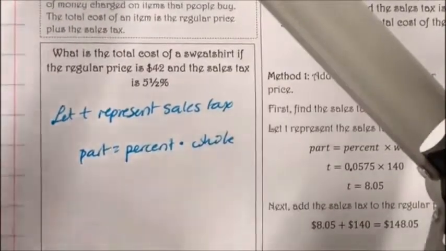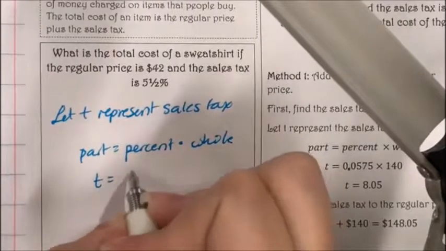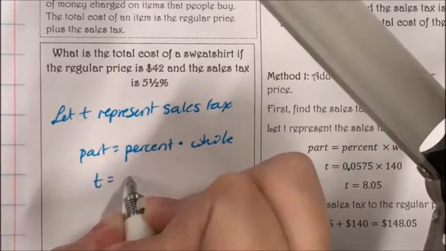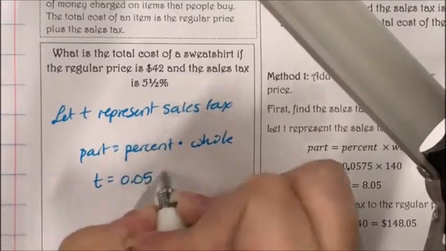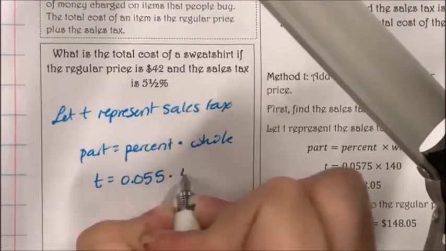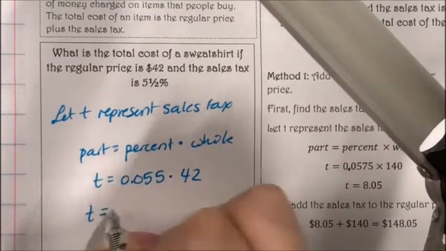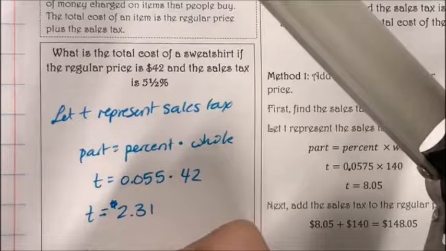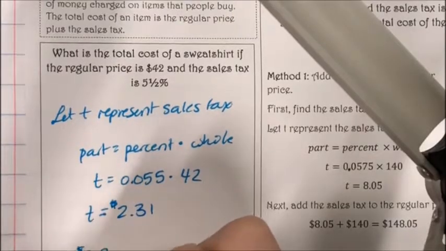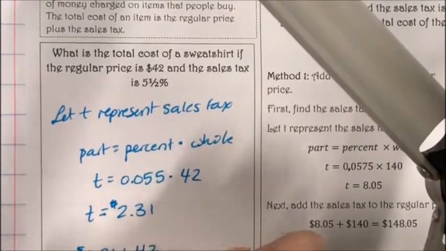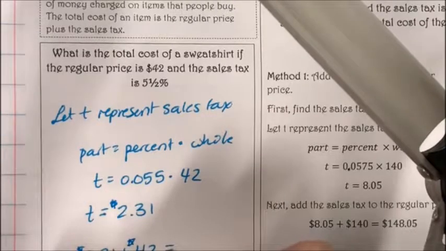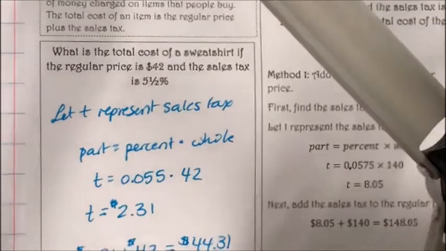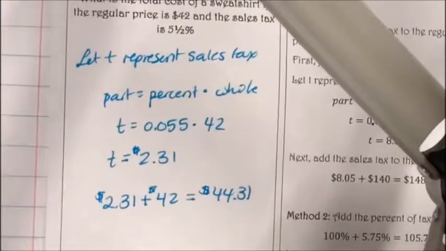The part that I'm missing is T. The percent is 5.5, which I changed to a decimal. So 5.5 becomes 0.055 times my whole, which is 42. So T equals 2.31. That's the tax. So I add $2.31 plus 42, and I get $44.31. So that's the total price of my sweatshirt.